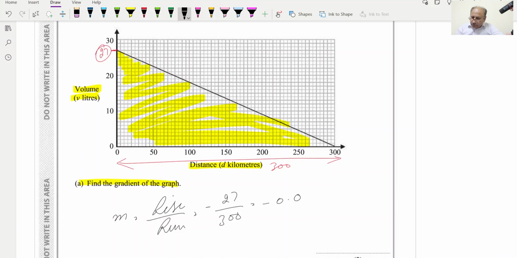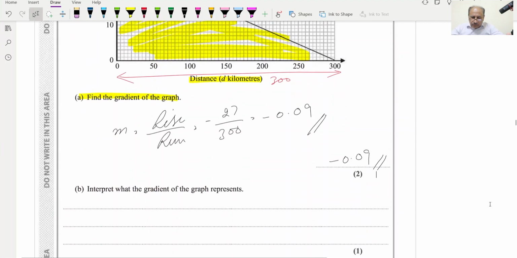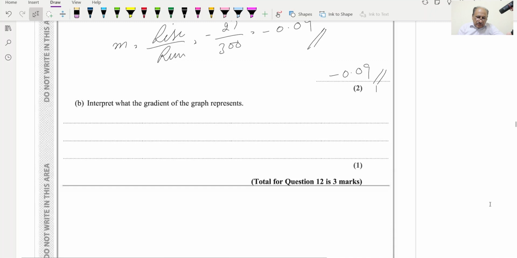This will be the gradient, minus 0.09. This is the answer, and this is a 2 mark part. Then they're saying interpret what the gradient of the graph represents. This is petrol consumption.